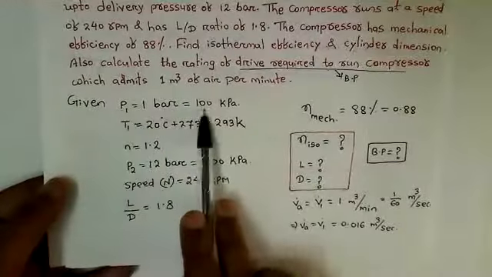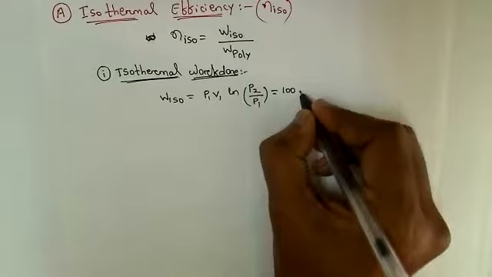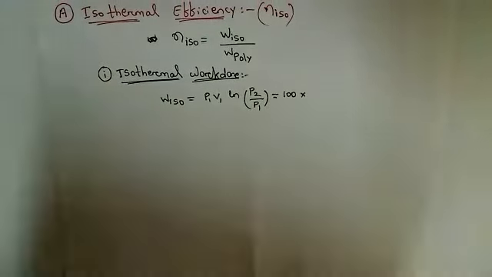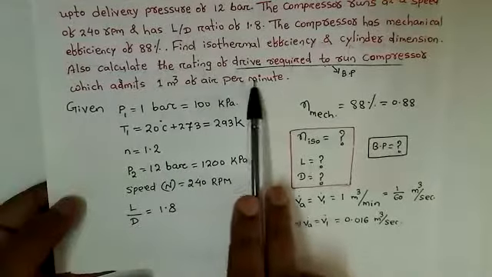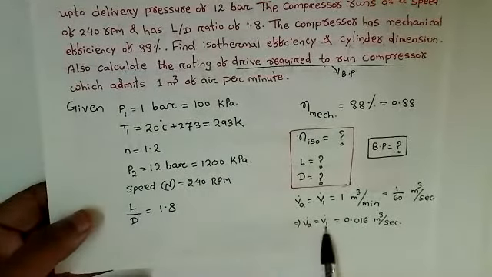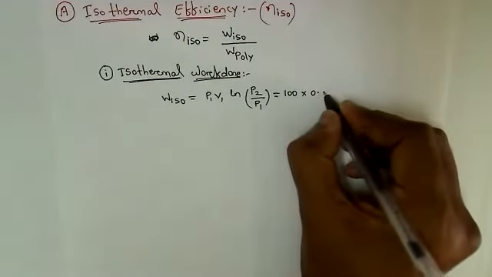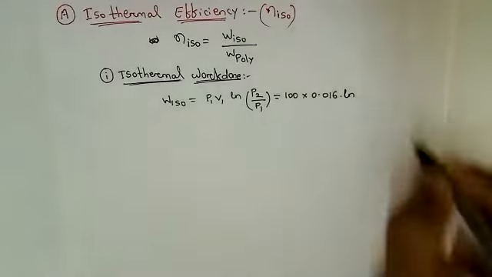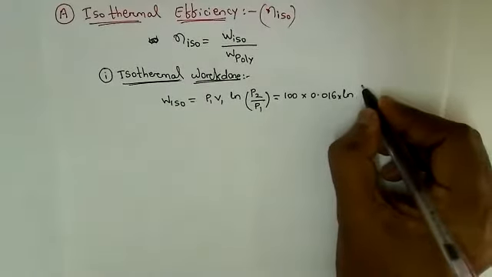Which is equal to, what is P1? P1 is 100 kilopascal. We write here 100 kilopascal into the volume of the air, or the inlet volume. The volume of the air is given, which admits 1 meter cube of air per minute. So the inlet volume V1 we have got is 0.016. We write 0.016 into ln P2 by P1.